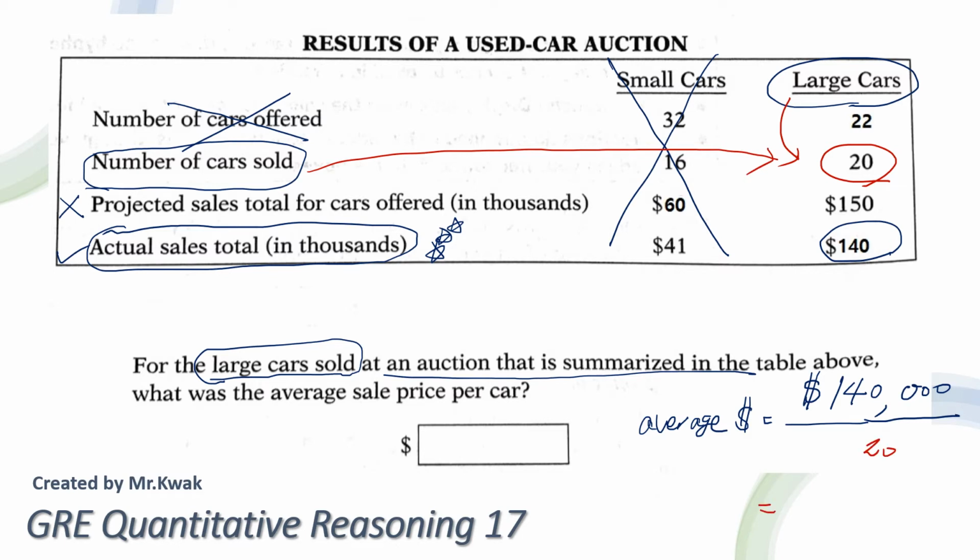In that case, if we calculate it, the average price could be 7,000. So the answer is 7,000.